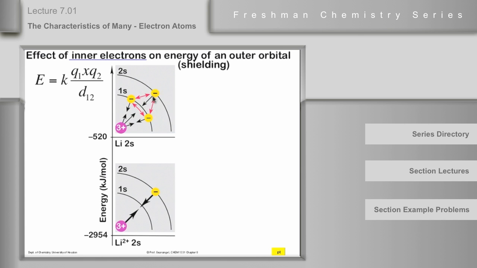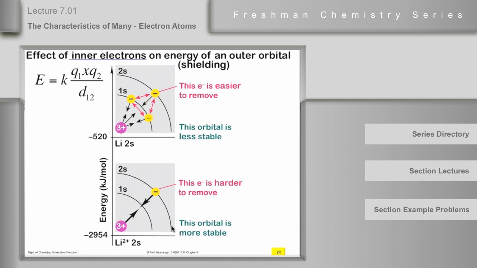Electron-electron repulsion makes the overall effect on the 2s electron smaller than it is down here. So this electron is easier to remove because the other two electrons repel it. And this one down here, there aren't any other electrons to repel it, so it's harder to remove, and therefore this orbital is less stable, and this orbital is more stable, more negative, if you will.